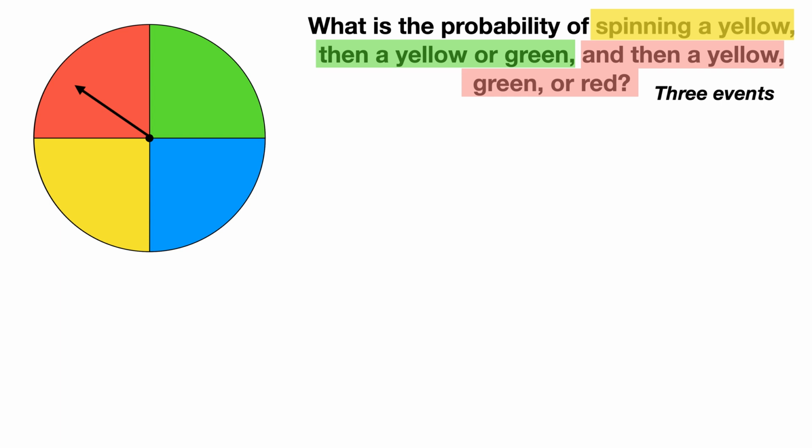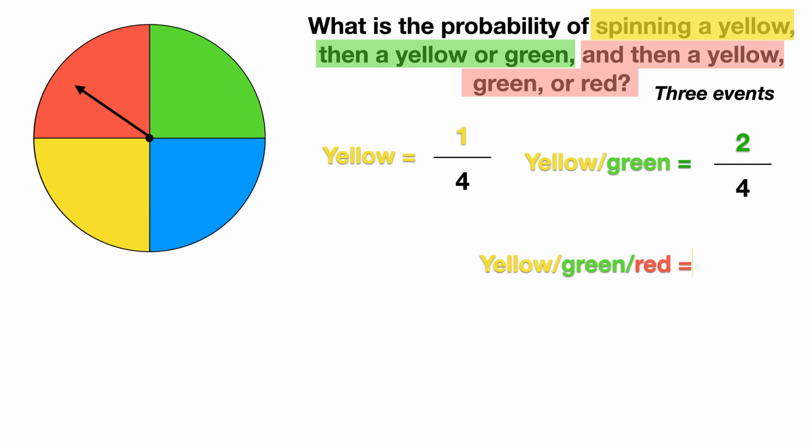The first event is a yellow, which is a 1 in 4 chance. The second event is a yellow or green. A yellow or green is a 2 in 4 chance because there's 1 yellow and 1 green. And then getting a yellow, green, or red, which is the third event, is a 3 in 4 chance.